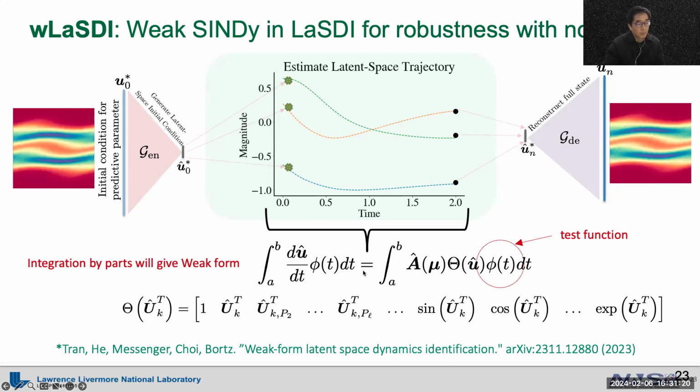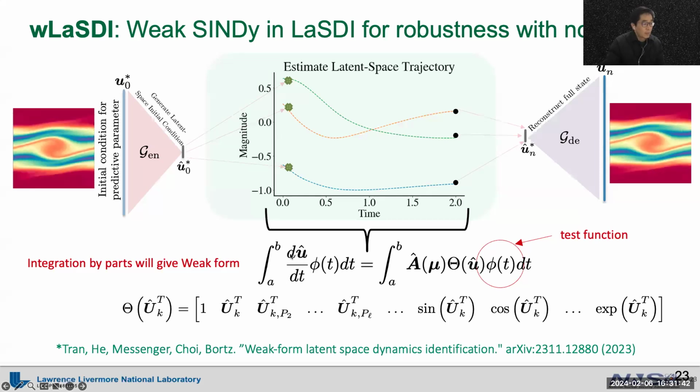Of course, we know the analytical form of the derivative of the test function, so there is no problem computing that, and you don't have to worry about approximating the time derivative of the noisy data.